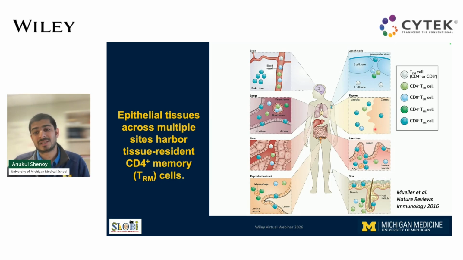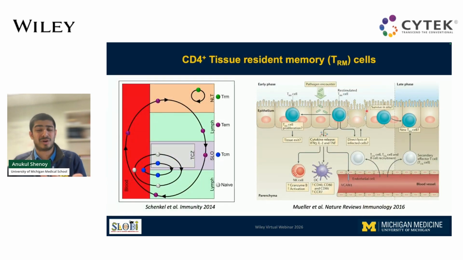What sets these tissue-resident memory T cells, or I will call them TRMs to make things easier from here on, apart is that compared to the other memory T cells, like the central memory T cells that move from the blood to the secondary lymphoid organ and back to the blood, or the effector memory T cells, which go from the blood to the tissues to go back into the lymphoid organ and go back to the blood, the tissue-resident memory T cells, once they have been seeded in their non-lymphoid tissue, they essentially stay put. And they essentially are thought to replenish themselves by in situ proliferation.